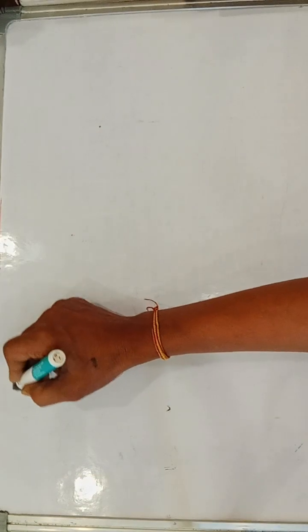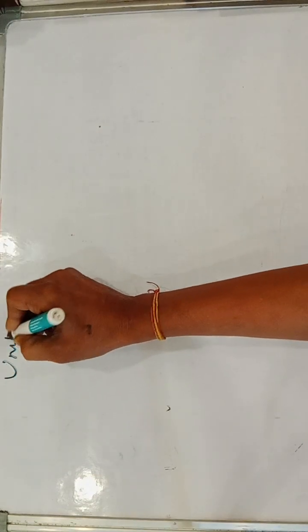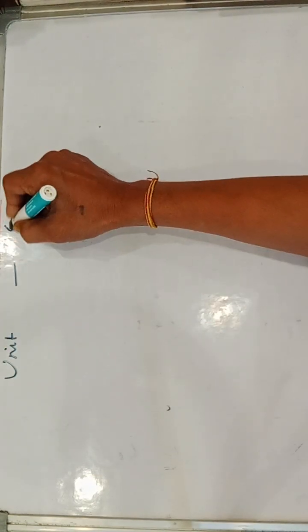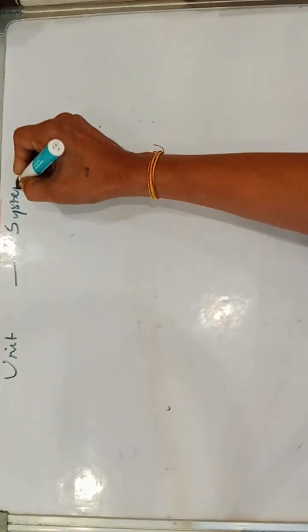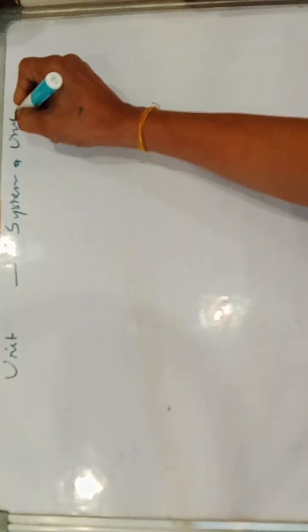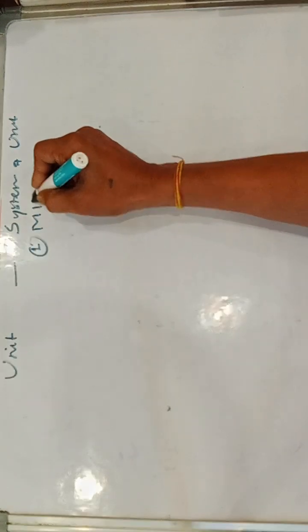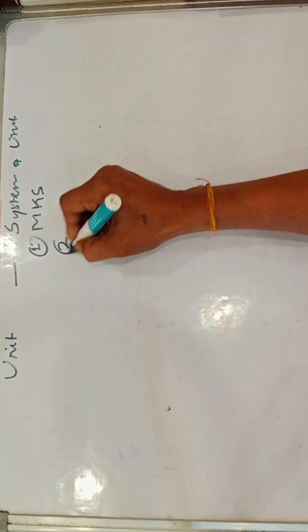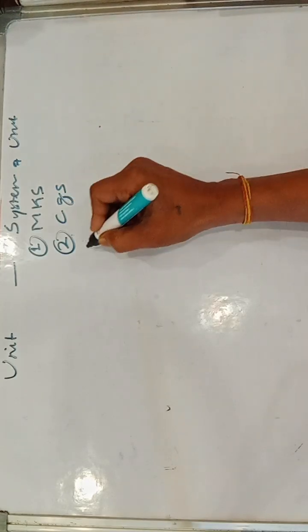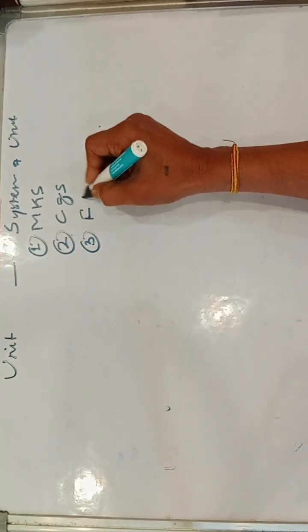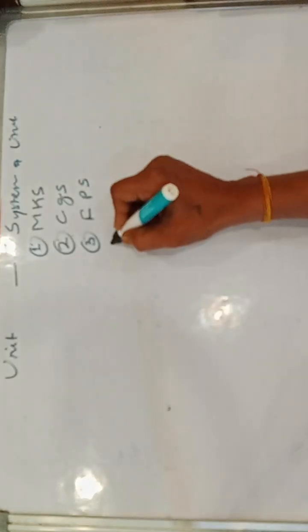Now summarizing, we have unit and system of units. We have three system of units: MKS, CGS, FPS.